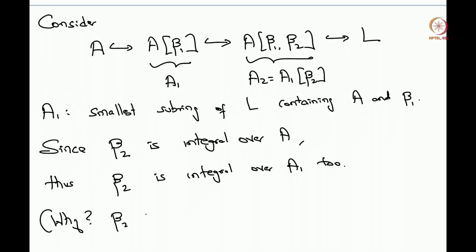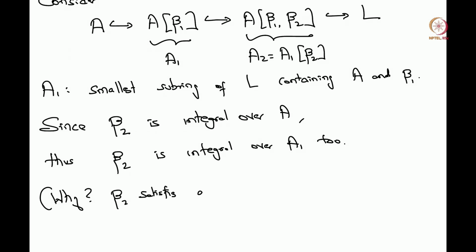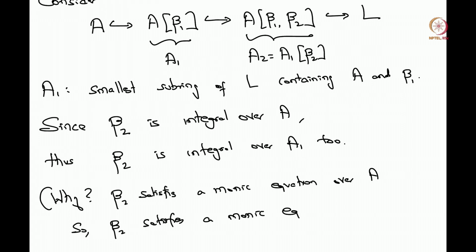Beta 2 satisfies a monic equation over A, but A sits inside A1. So beta 2 satisfies a monic equation over A1 as well.